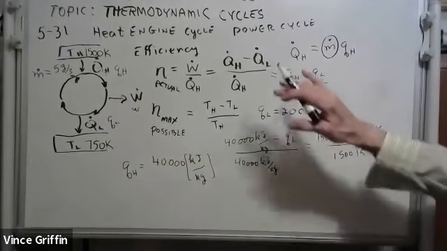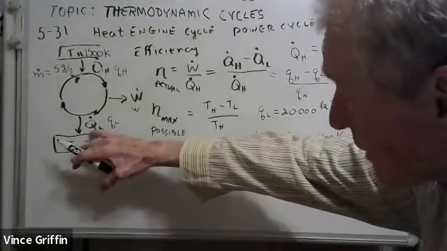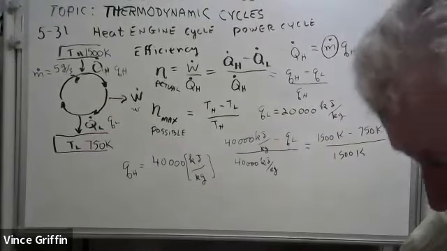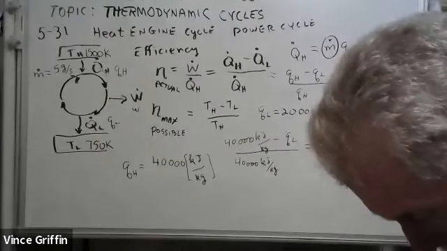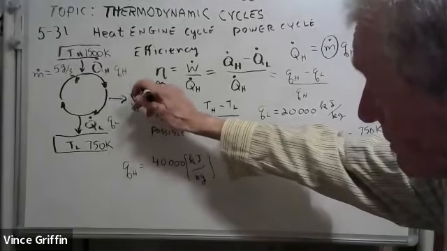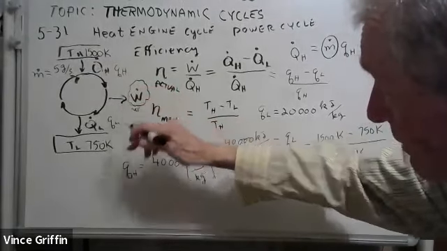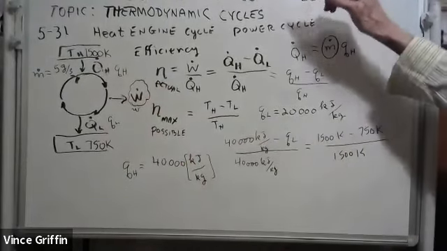And now we can get, well, I really want this big QL thing, I think. What do they want us to find? Just a minute, I got lost. Yeah, you know what? This is what they want. They want this power here. Okay. Well, here we go.